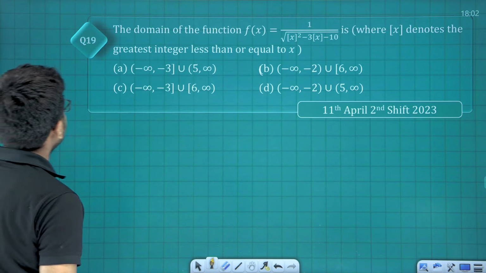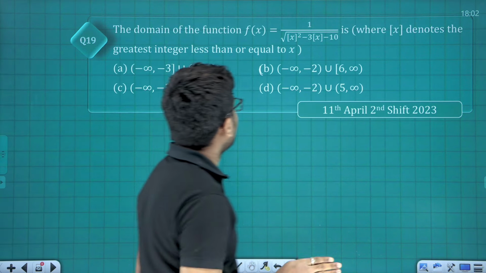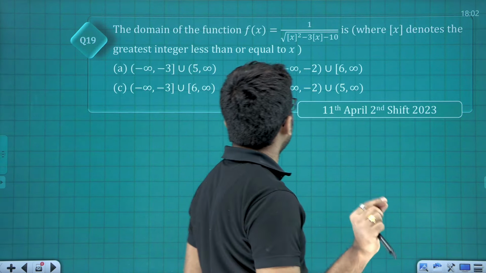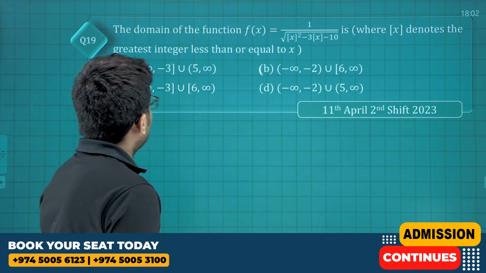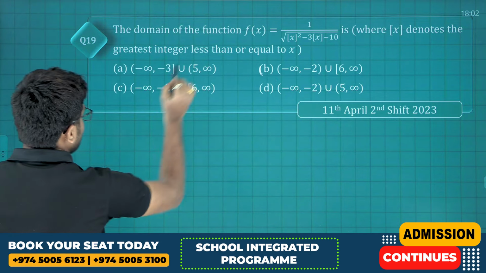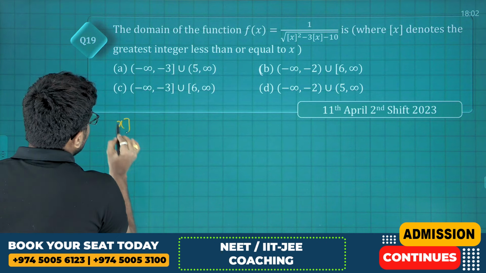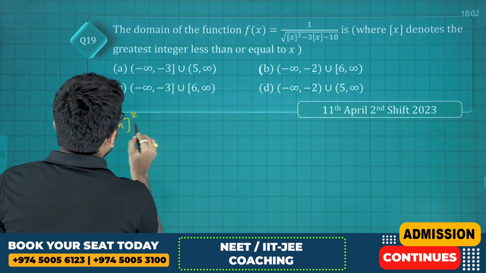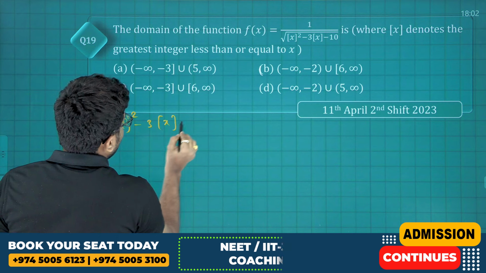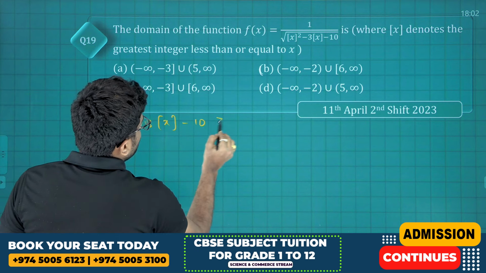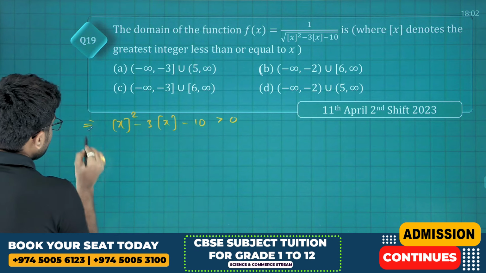Next question. The domain of the function f(x) is 1 by the square root of ([x]² minus 3[x] minus 10), where [x] is the step function. It is just 1 by square root of something, so it should always be positive. So [x]² minus 3[x] minus 10 should be greater than 0.